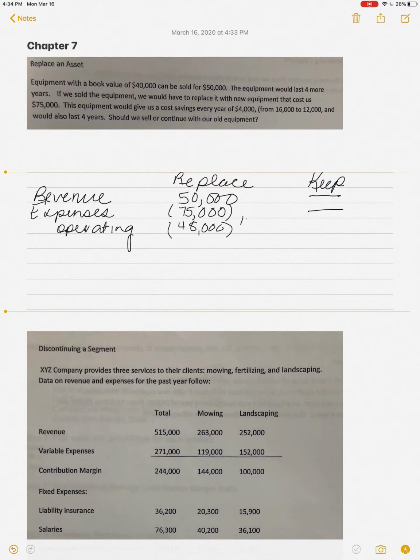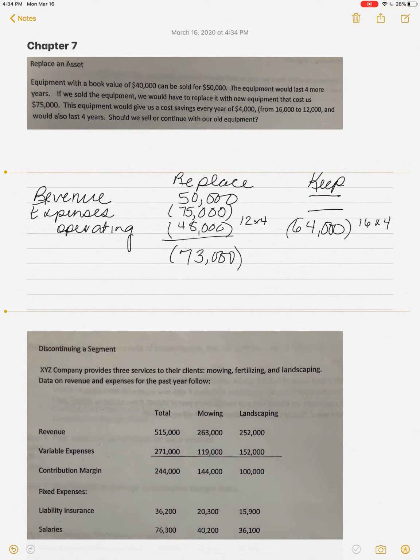Again, that's just 12 times 4, giving us a grand total cost of $73,000 to buy a new asset. If we keep this asset, the only other cost that comes into play is that $16,000. It's going to cost us that much to run that asset for 4 years. A total cost is $64,000.